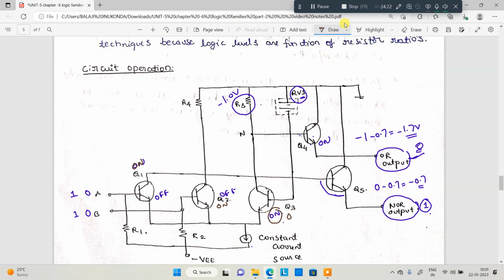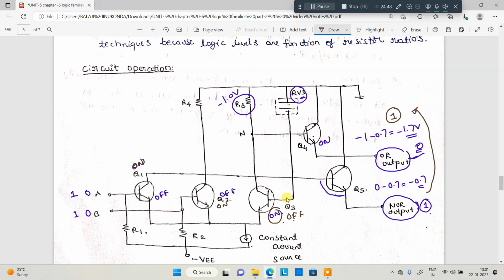Q3 is in the off state. Whenever Q3 is off, what amount of this particular voltage is connected to Q4? The particular Q4 is connected to the output logic 1, same as the notations I have given here.